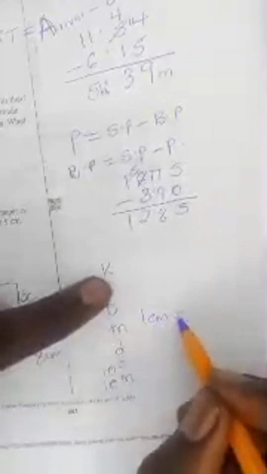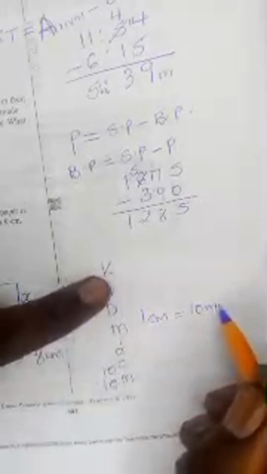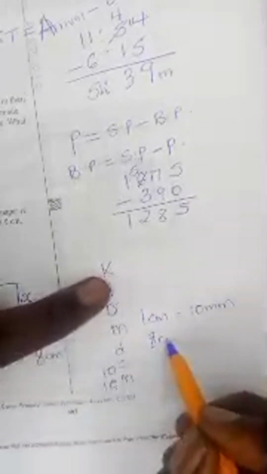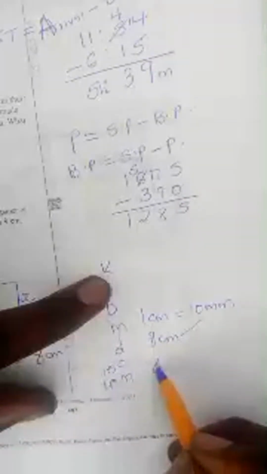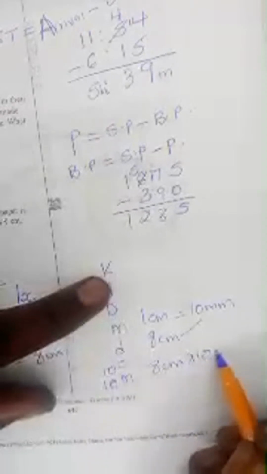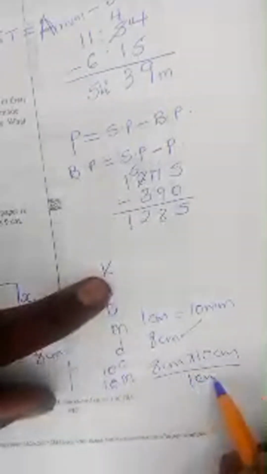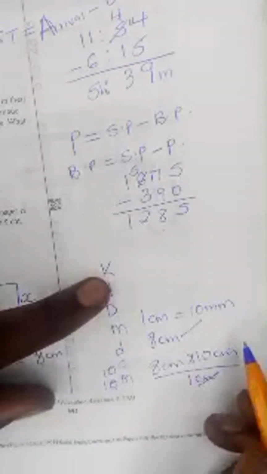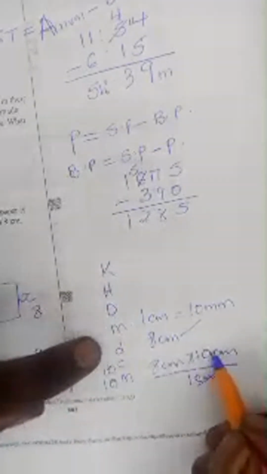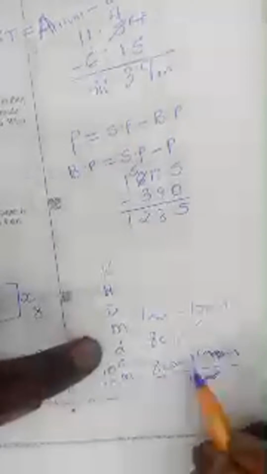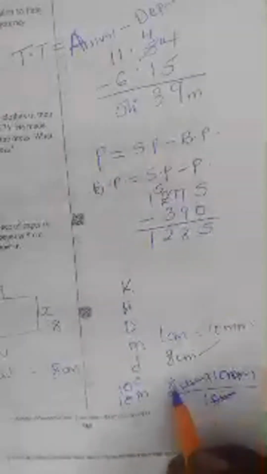Therefore, 1 centimeter is equal to 10 millimeters. What about 8 centimeters? Cross multiply: 8 centimeters times 10 millimeters divided by 1 centimeter. The centimeters cancel centimeters. Therefore, we have 10 times 8, which is 80. Therefore, the dimension in millimeters is 80, and the right answer there is C.